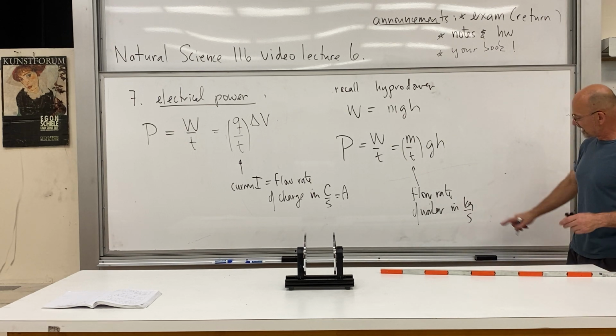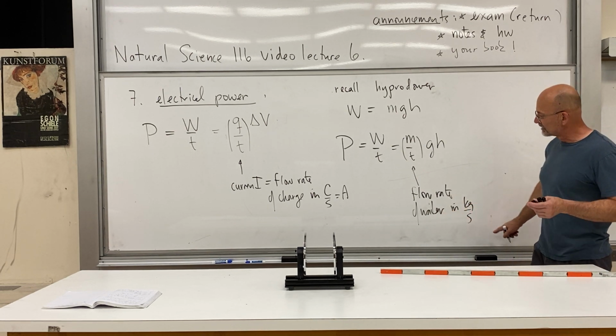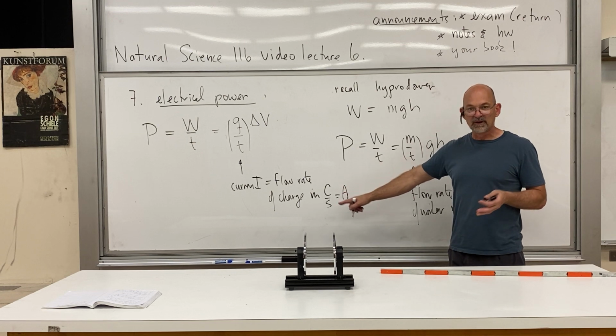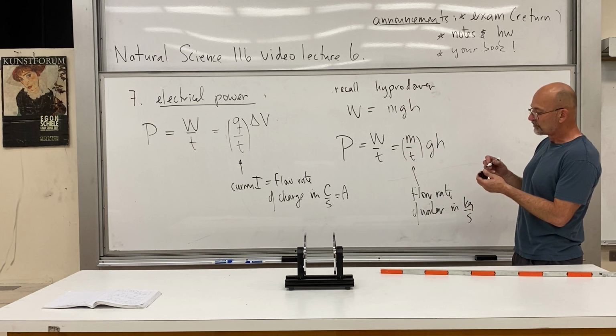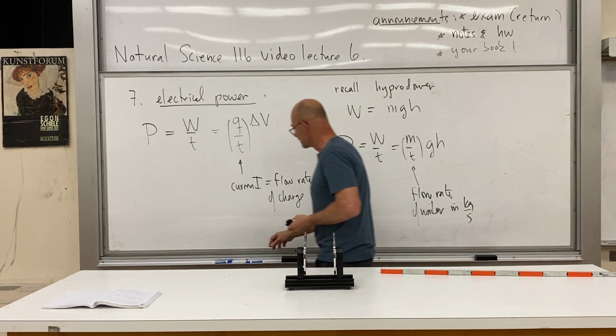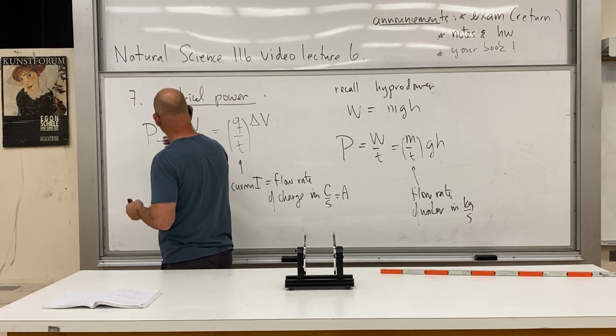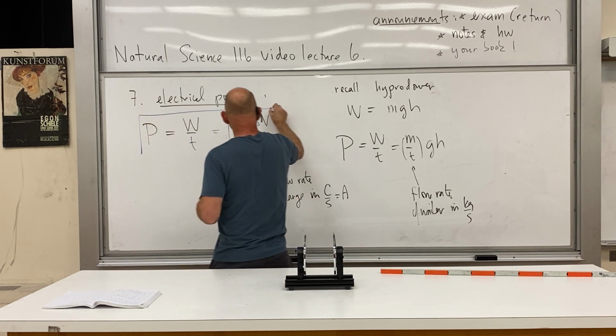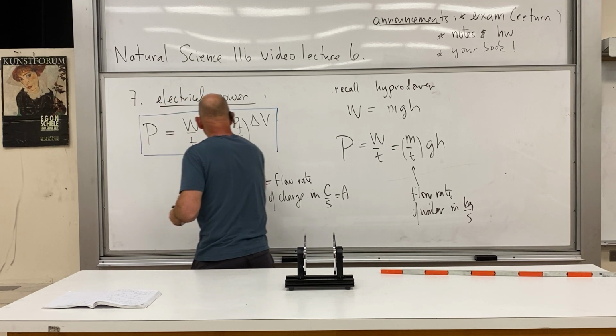So we actually didn't have another name for kilograms per second, but the flow rate of charge is the ampere. But you'll notice these two formulas are exactly the same. I'm going to put them in a blue box just to put some color on board.